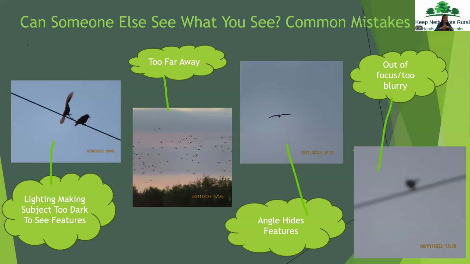Again, sometimes the lighting can make a subject too dark to see the features, and again, sometimes that doesn't especially rule out some. In this one, for example, in the bird, we can still see some of the shape of the bird. So if we had other photos as well, we may still be able to have this record verified.